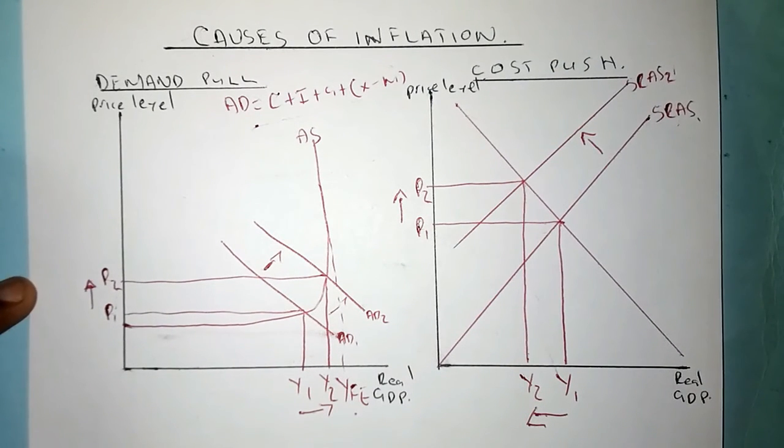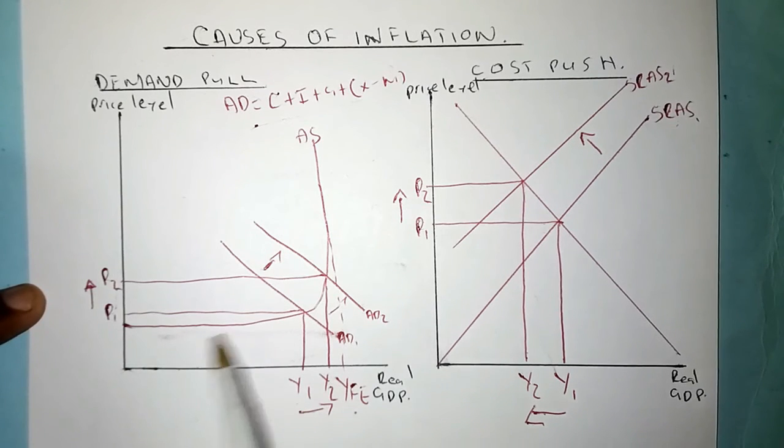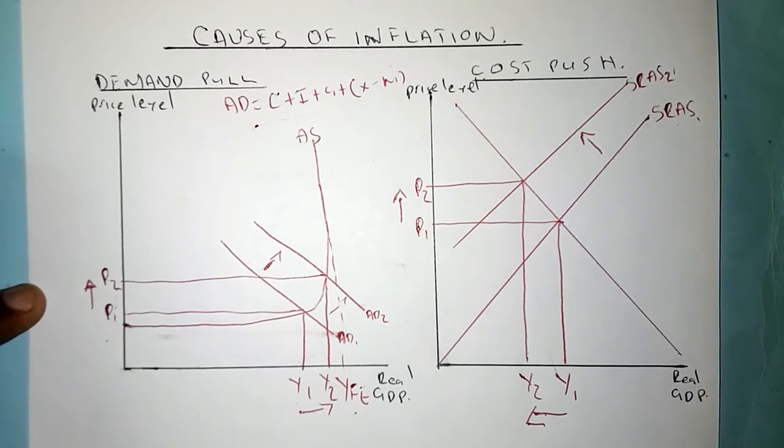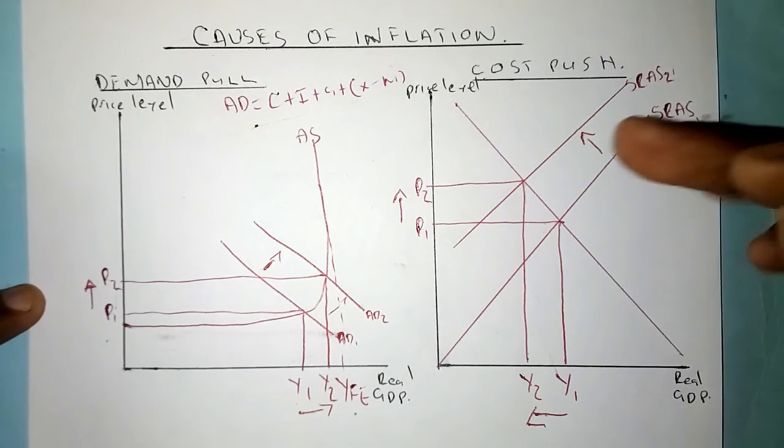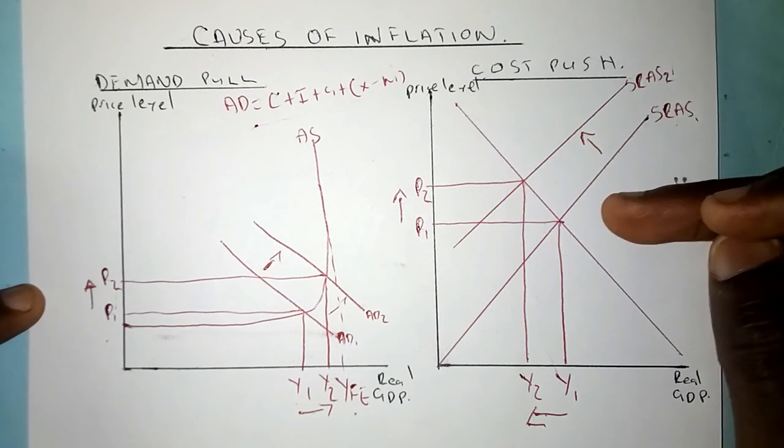The most important thing that you have to know is that demand pull inflation is very healthy for an economy, because you see an increase in growth, and you're going to see an increase in inflationary pressure, but it increases growth, which means it incentivizes firms to continue to produce, knowing that there will be an increase in demand. But with cost push inflation, there's little that the economy can do to control such type of inflation.